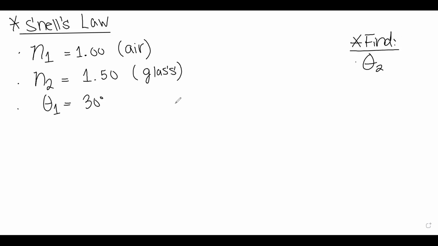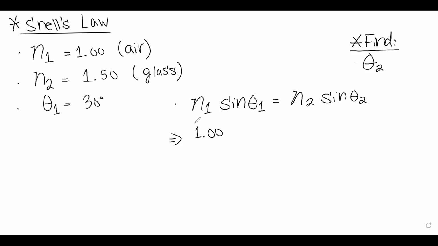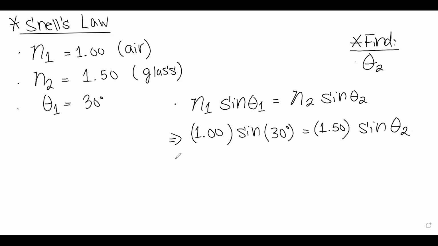So we use the equation for Snell's law, N1 sine theta 1 equals N2 sine theta 2. I'll just plug in the numbers. Air, the angle in air, index of refraction for glass, sine of 30 is 0.5. 0.5 times 1 is itself.